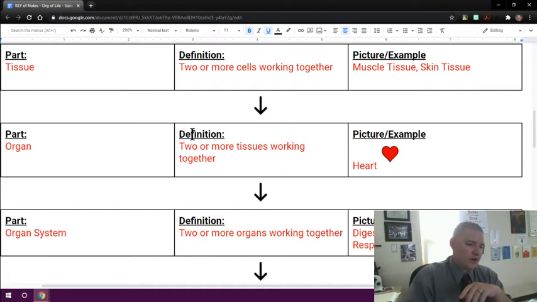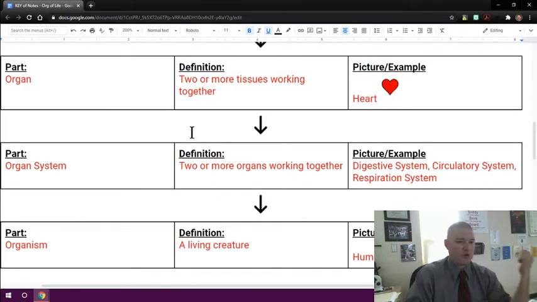You would then have the organ systems, where you've got two or more organs working together. Some very popular organ systems. We only have so many inside of our bodies, but we've got the digestive system. That's how we process food. All the way from the mouth, esophagus, stomach, the intestines, all those things working together to help do a specific function.